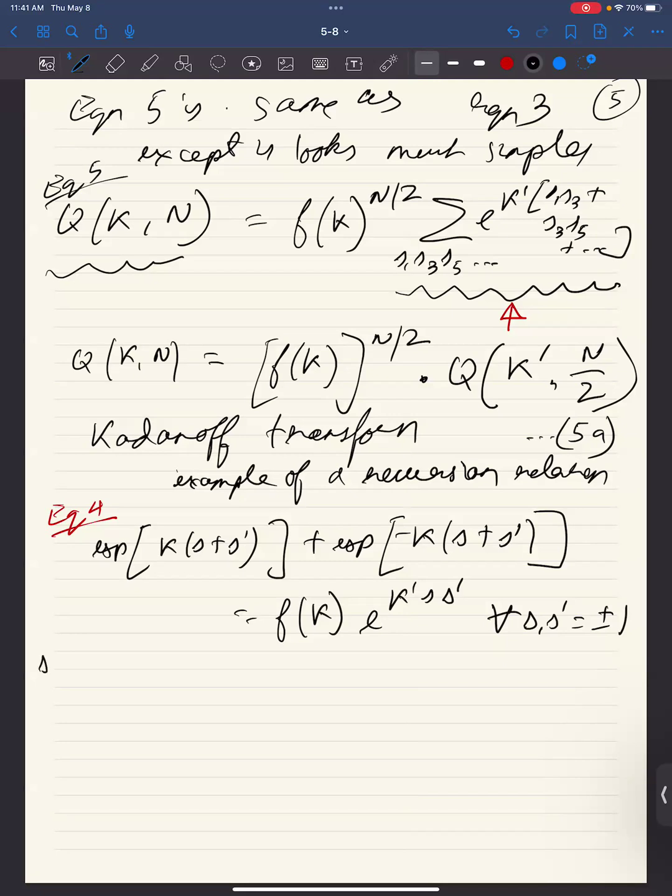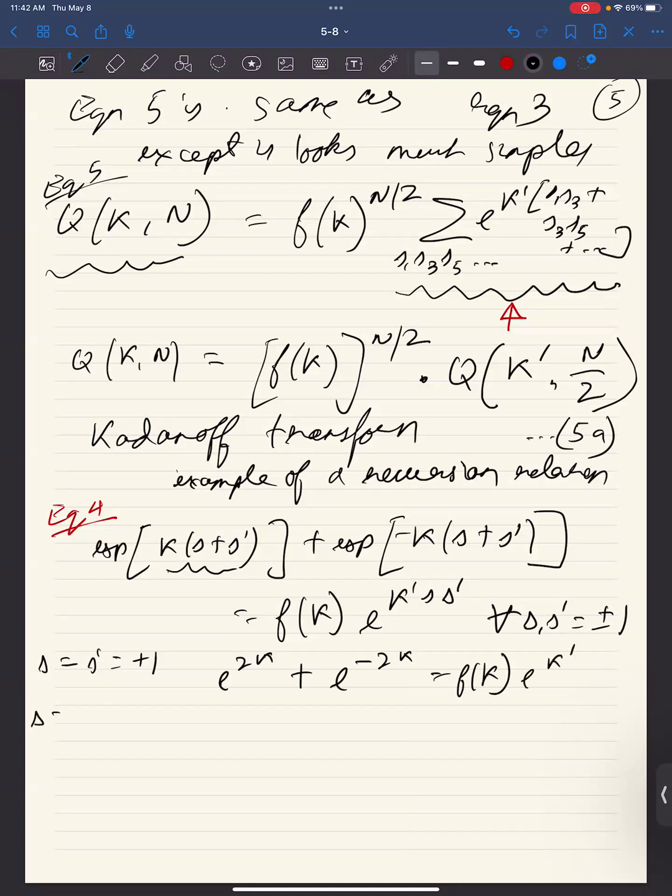For s equal to s prime equal to plus 1, what do we get? s plus s prime becomes 2, right? So we get e to the power 2k plus e to the power minus 2k is equal to f of k multiplied by, now s times s prime is equal to plus 1, so e to the power k prime, right?